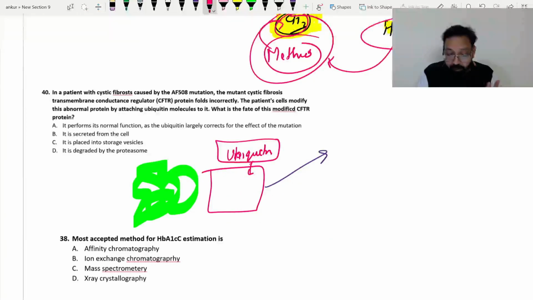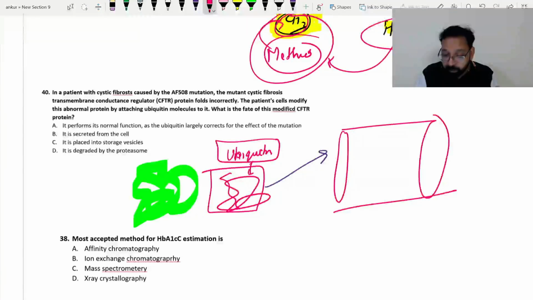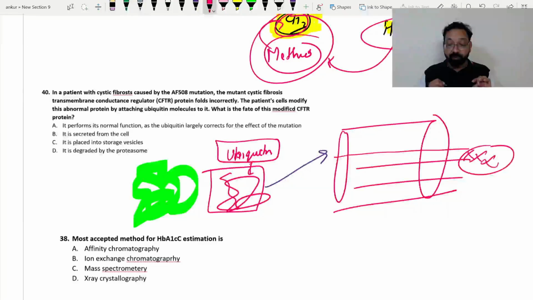Now this misfolded protein will go to the proteasome and will be degraded. Okay, got the point? So proteasome degrades those proteins which have ubiquitin. The benefit is that proteasome will recognize, okay, chaperone has tried to fold this protein properly, could not fold it properly, better to degrade.